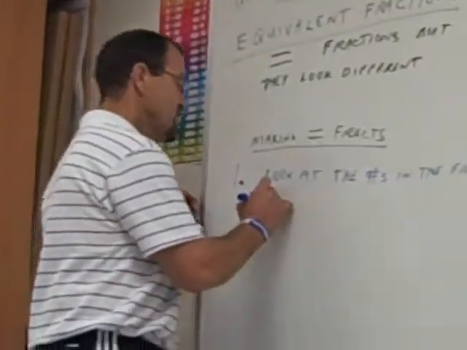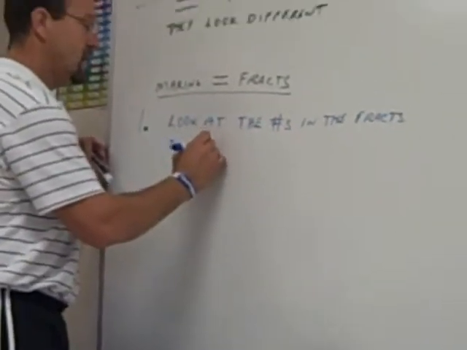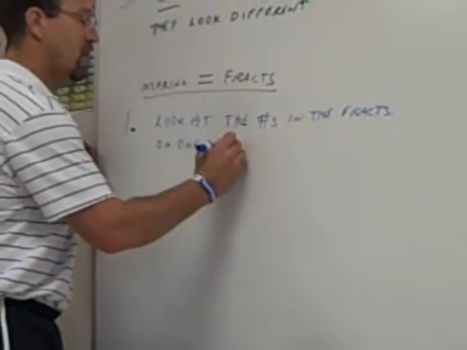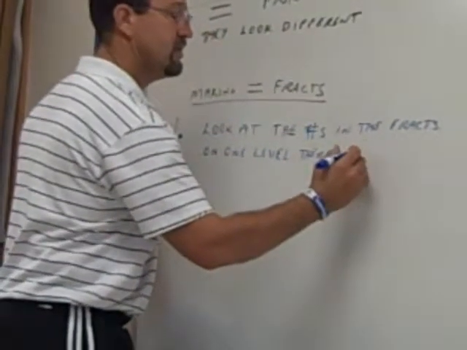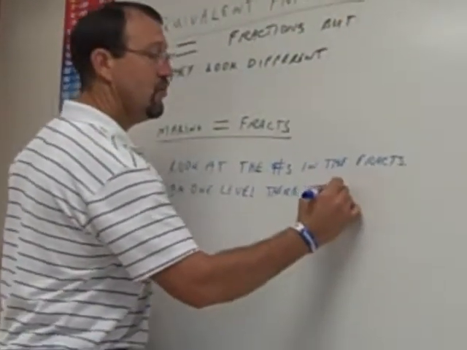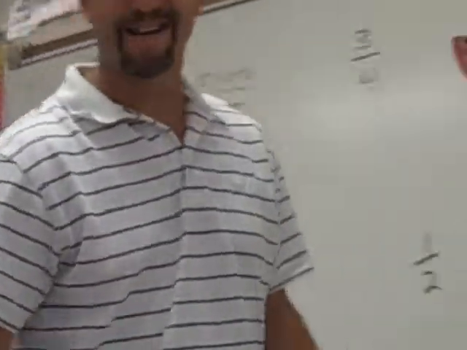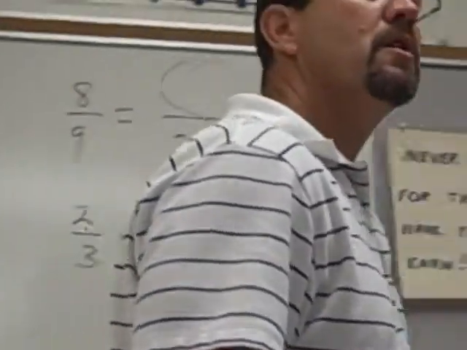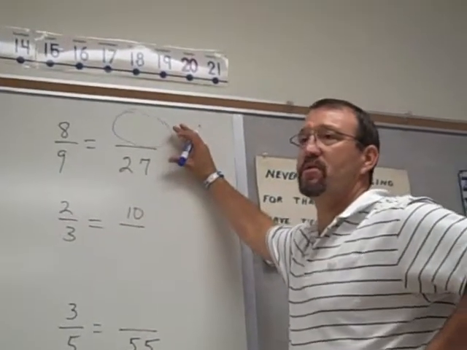Look at the numbers in the fracts. Step one is we're just looking. All we want to do is see which level has two numbers.